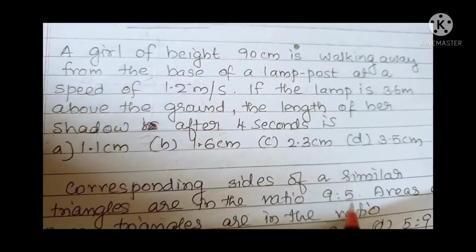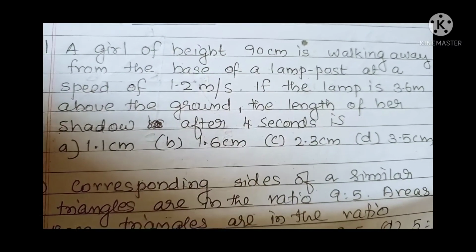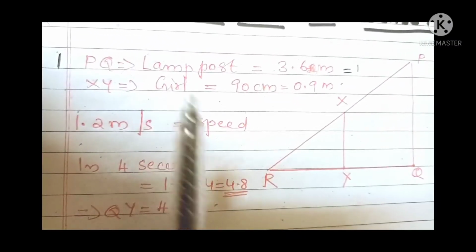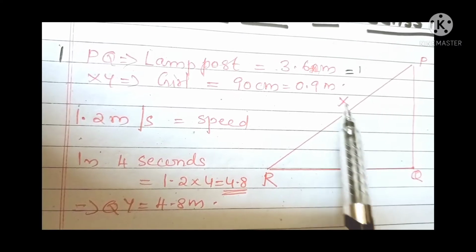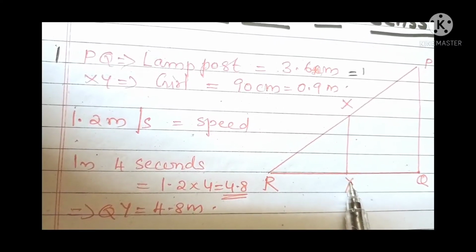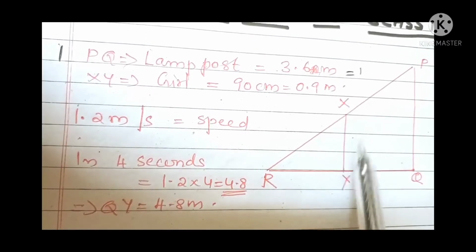So how can we do this? Let us do that question. Here consider PQ is the lamppost and XY is the girl. We can see the two similar triangles PQR and XYR.